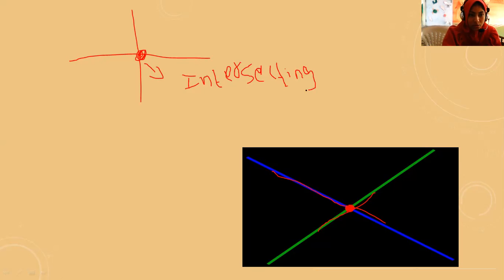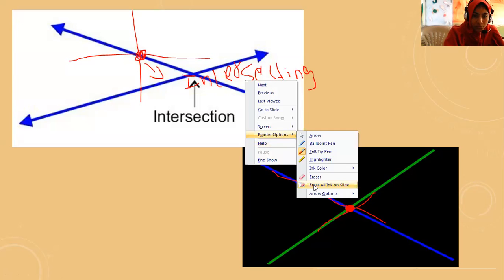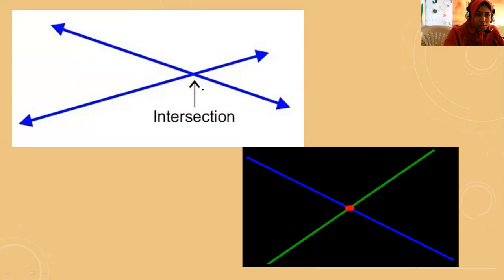Let's take another example. You can see that both are lines because they both extend in both directions. These both lines are intersecting at this point. So you can say that this is a point of intersection.